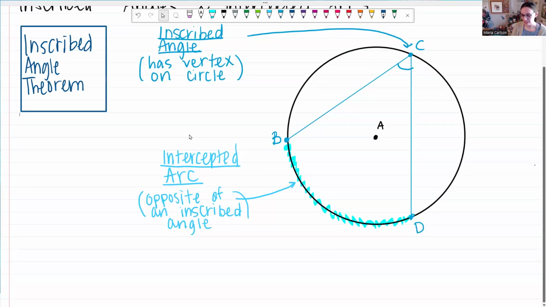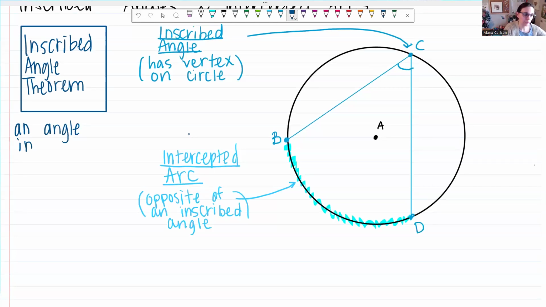Essentially, the inscribed angle theorem states that an inscribed angle, or an angle inscribed within a circle, so I'm just going to say in a circle in parentheses, measures 1/2 of the intercepted arc.